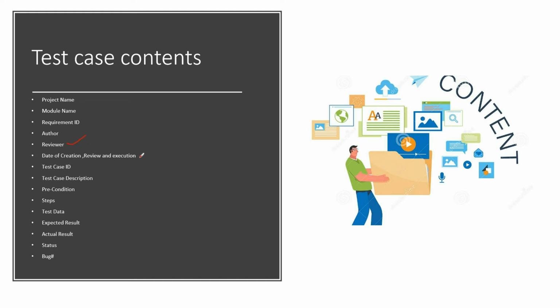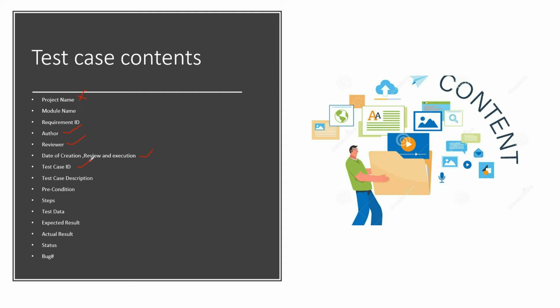So these are going to be different columns, and I'll mark these as very mandatory. A few things a tool will sometimes not have, like the project name, because it will be already mapped. So date of creation, review and execution is important.